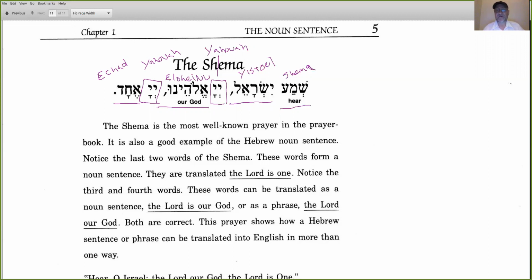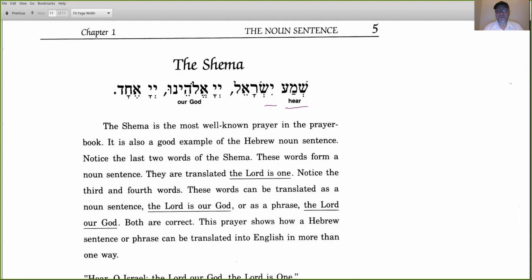This should be an A, Shema. Okay, and then it goes like this. Shema Yisrael, Yehovah Eloheinu, Yehovah Echad. Okay, so we have Shema here, could mean listen or obey.